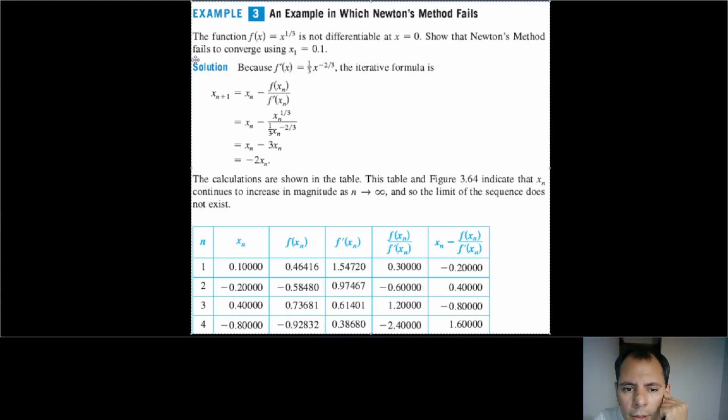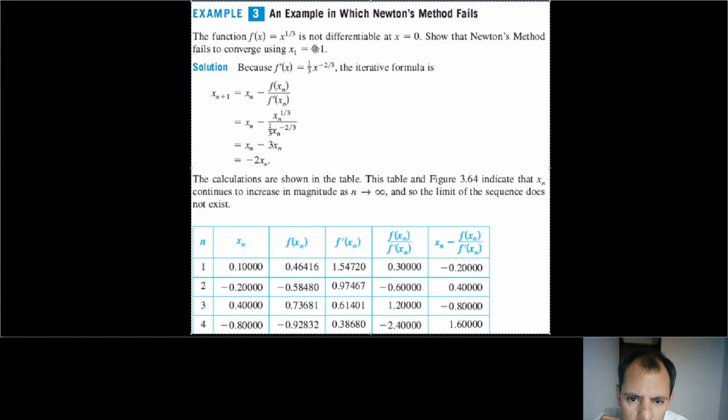Show that Newton's method fails to converge using x sub 1 equals 0.1. So x sub n plus 1 equals x sub n minus f of x sub n divided by the first derivative at x sub n. And then you do all these things, and the whole thing is just going to be minus 2x sub n.